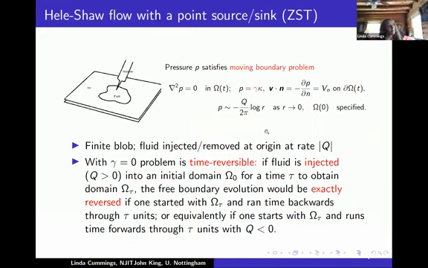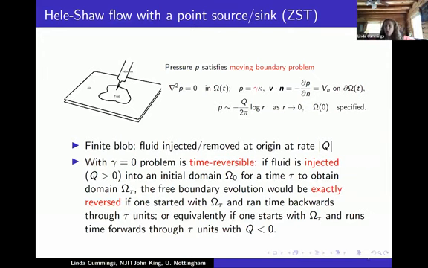Now, to think about what happens to solutions, particularly in the unstable case here, it's useful to note that if you set the surface tension parameter gamma to be 0, then you can easily show that that problem is time reversible. So if you inject fluid, that's the case Q greater than 0, into an initial domain, omega 0, for a certain time, call it tau, to obtain the domain omega tau, then this free boundary evolution with the injection would be exactly reversed if you started with the domain omega tau and ran time backwards through tau units.